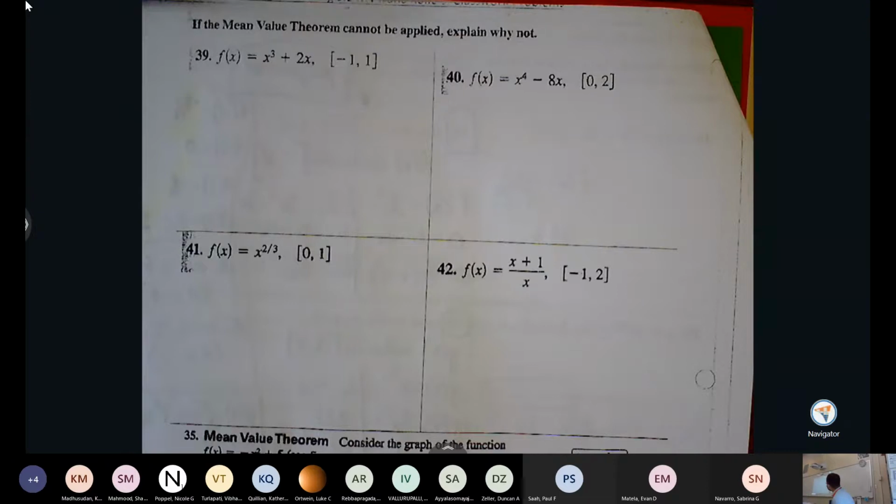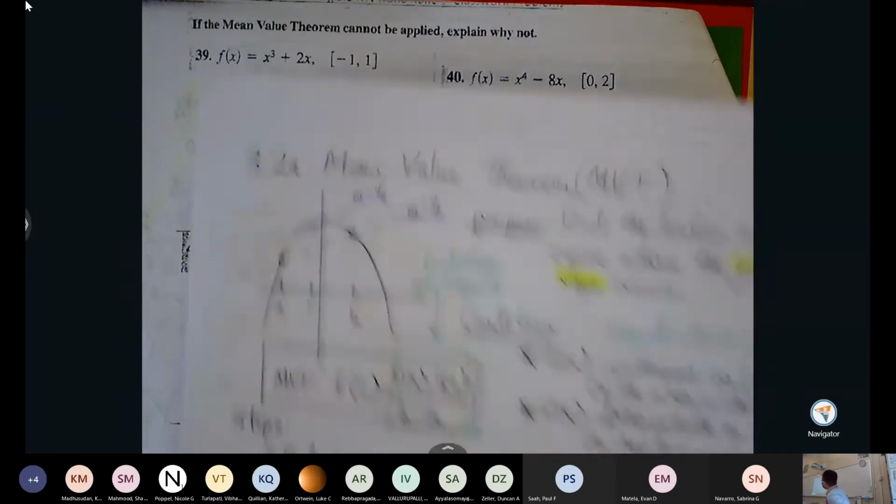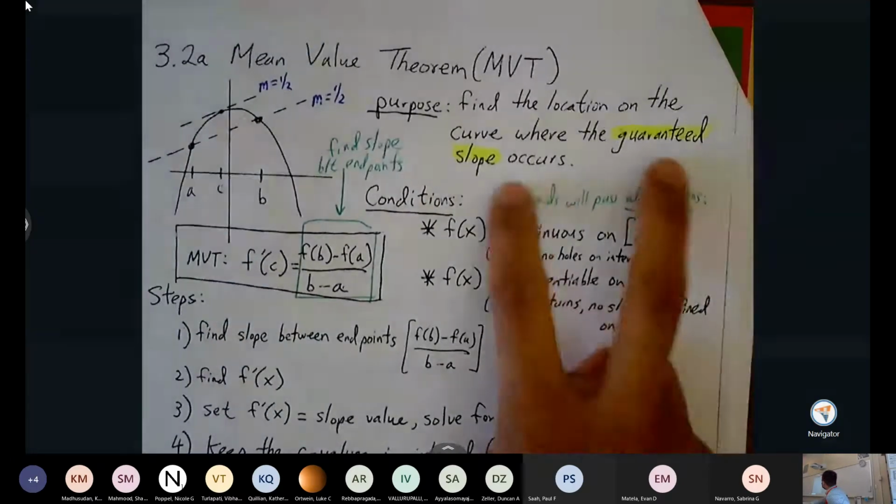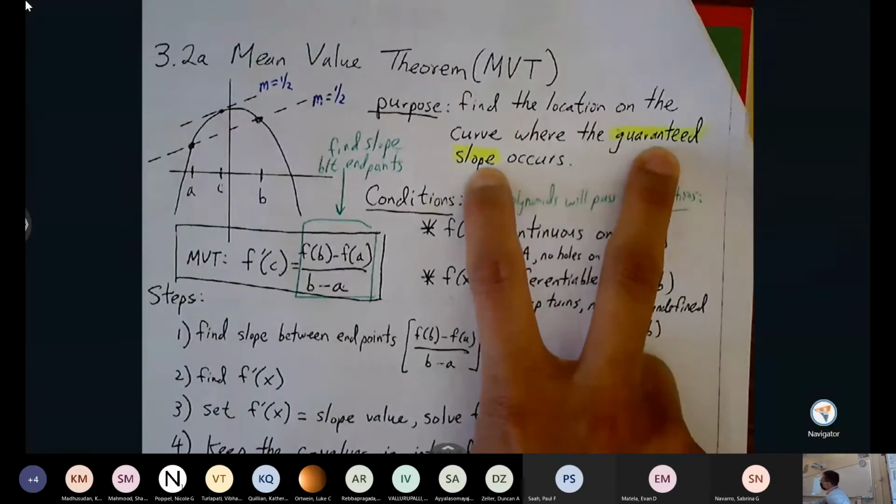Okay, now mean value theorem is different from extreme value theorem, right? Extreme value theorem, we're just trying to find the max and min. We don't care if the graph has a sharp turn. We just want the graph to be continuous, at least between the endpoints. And then we go through the process, we find max and min. But mean value theorem is different, right? Mean value theorem, we're not trying to find the max and mins. We're trying to find a location that has a specific slope.